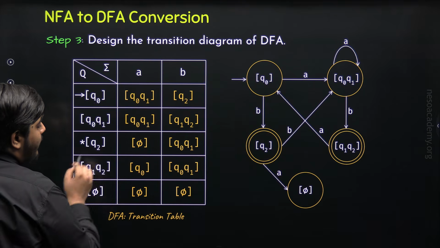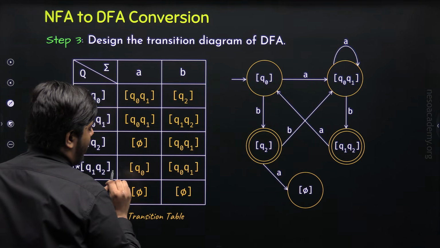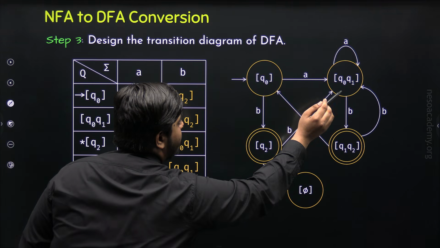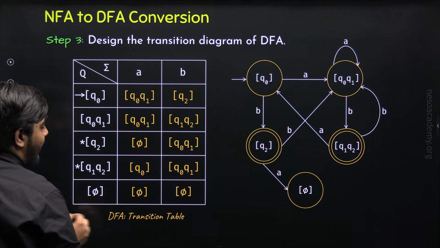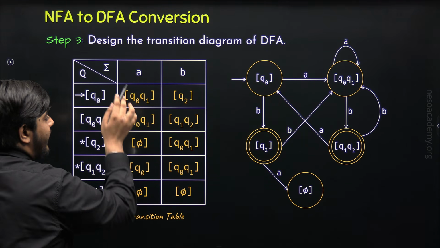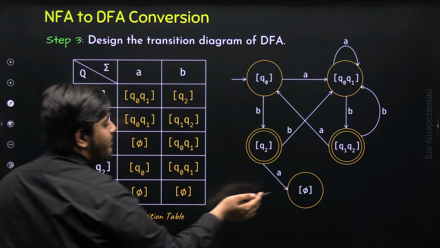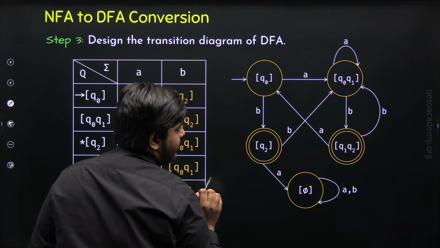For the state Q1, Q2 on getting the input symbol B, the next state is Q0, Q1. And for the dead state phi, on getting any input symbol, either A or B, we will still remain at the dead state. So we will simply create a self loop of the symbols A, B over the dead state.